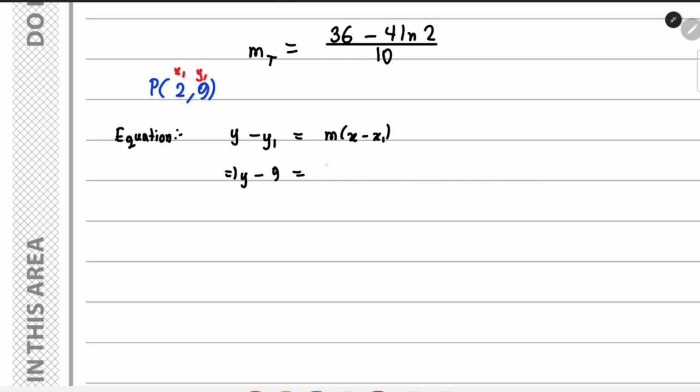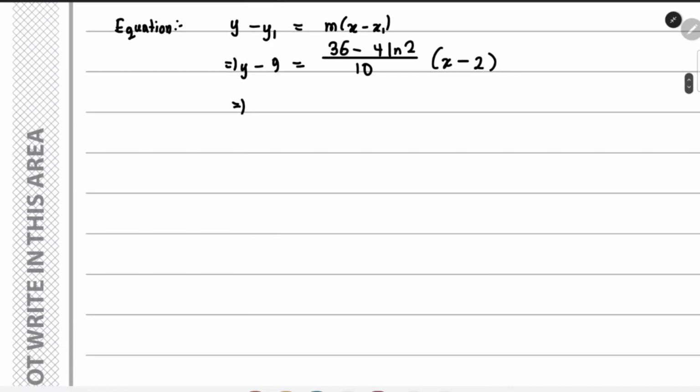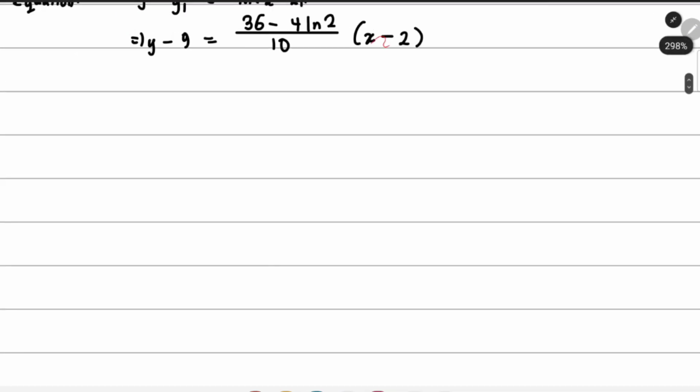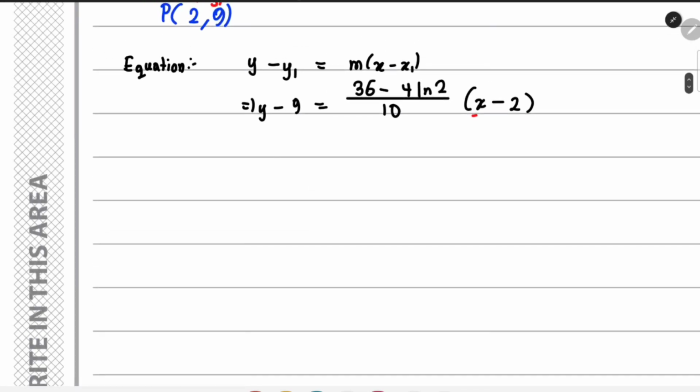So y minus 9 is equal to 36 minus 4 ln 2 divided by 10 times x minus 2. I'll not simplify this further. Now I just need to find the x value when this passes through the x-axis. Now at the x-axis, the y value is 0. So 0 minus 9 is equal to this expression on the right.